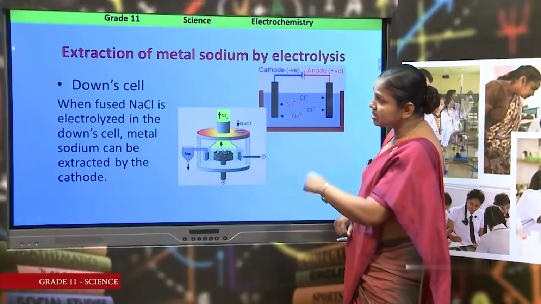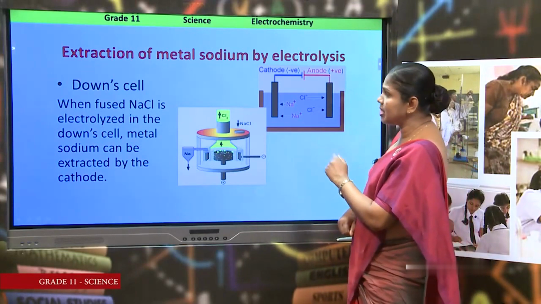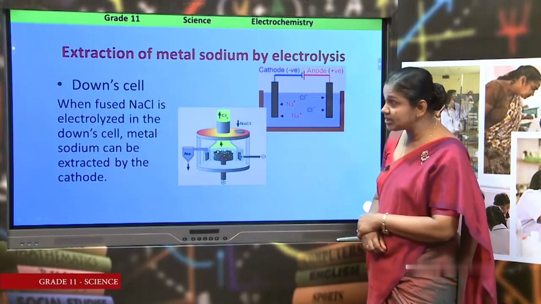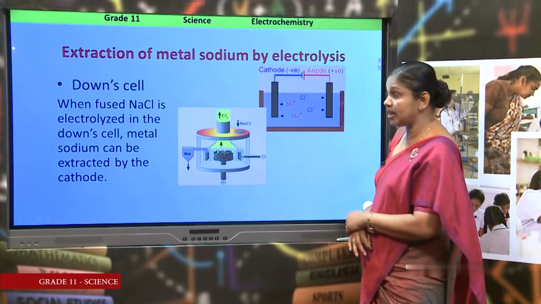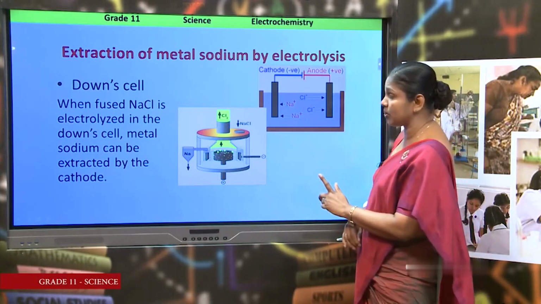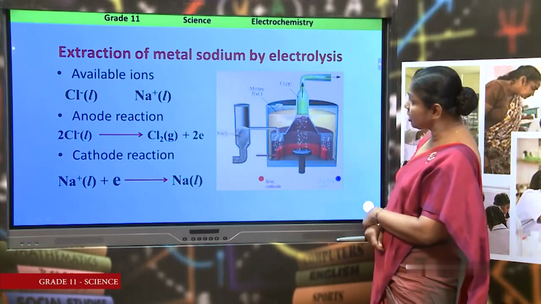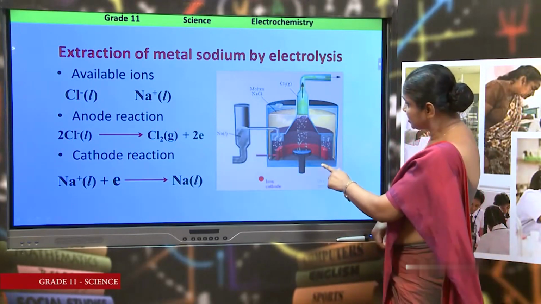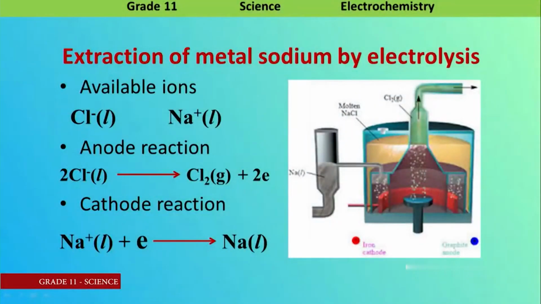Therefore, what is the Downs cell, children? When fused sodium chloride is electrolyzed in the Downs cell, sodium metal can be extracted at the cathode. Here you can see another picture of the Downs cell. See how the chlorine gas is emitted from the anode. It can be separately taken out by this method.